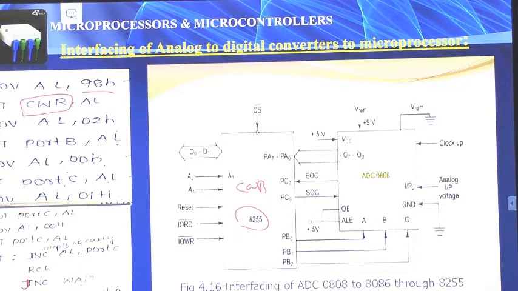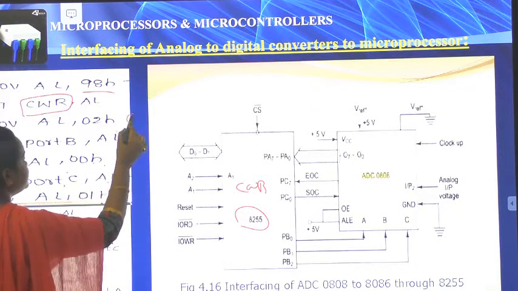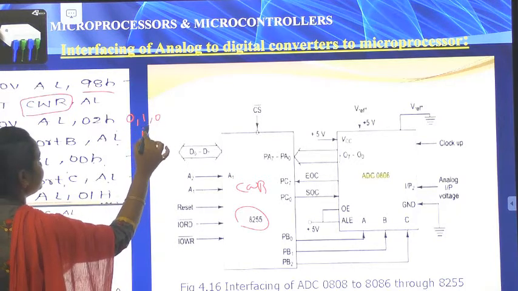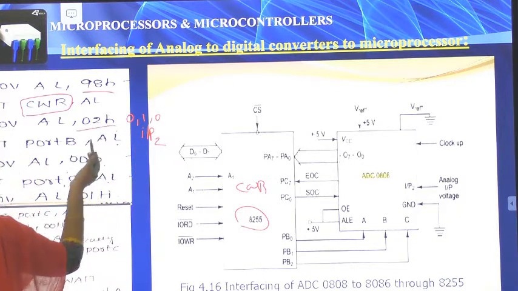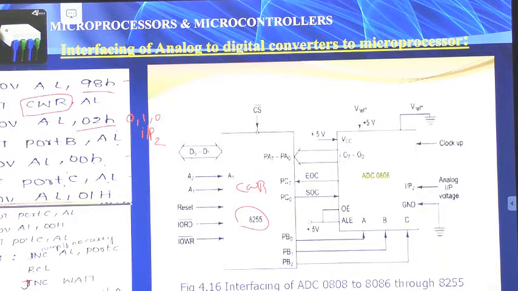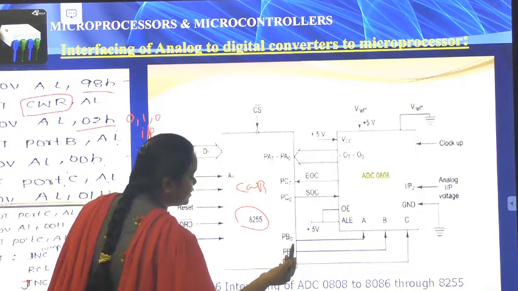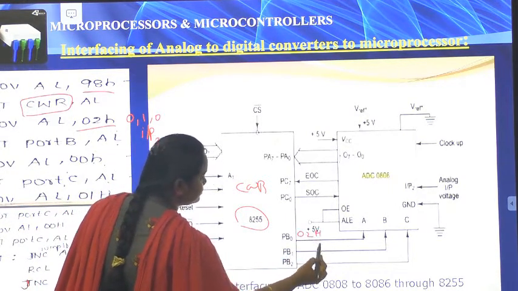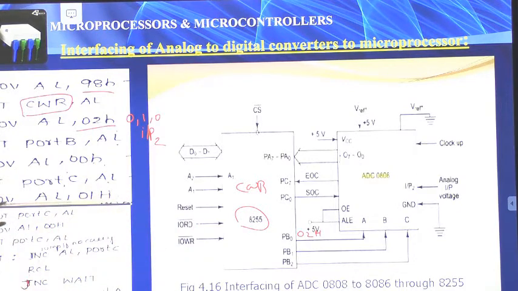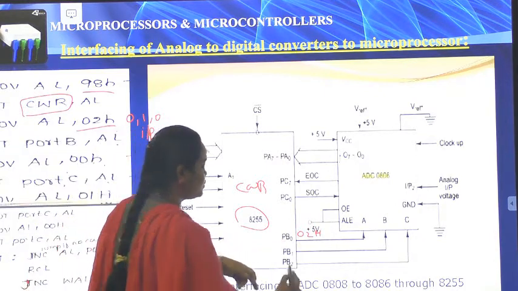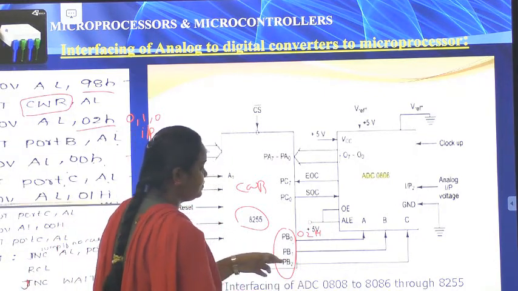So first of all, we are taking 02H. Why? Because we have the input 0, 1, 0, that means IP2. That means we are initializing the address pins as 02H. 02H means we are outputting through port B, AL. AL is 02H, and the port address pins used by port B are B0, B1, B2.